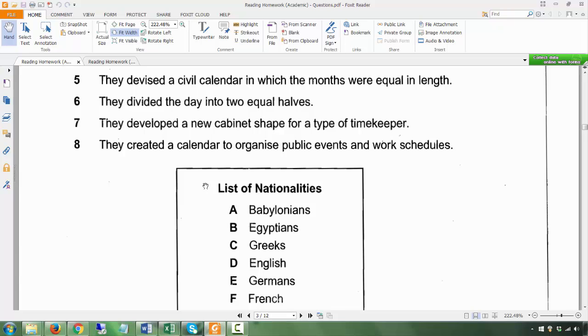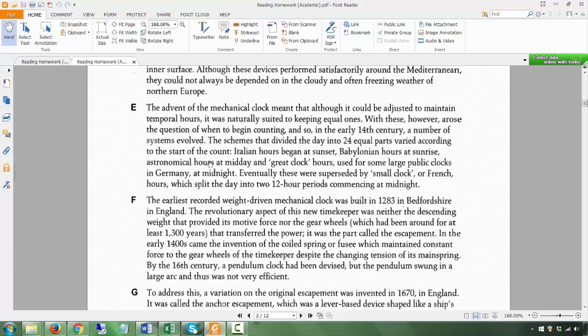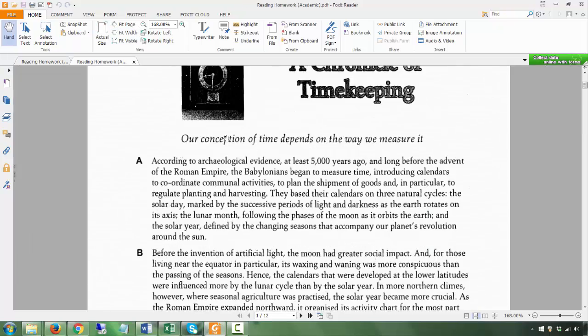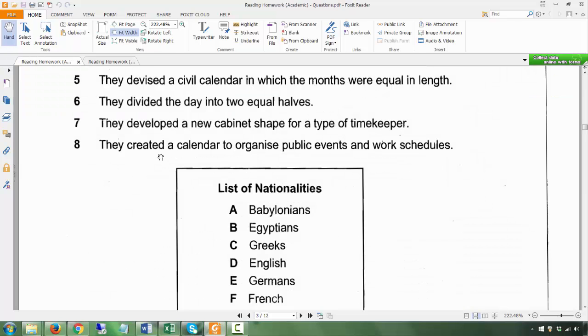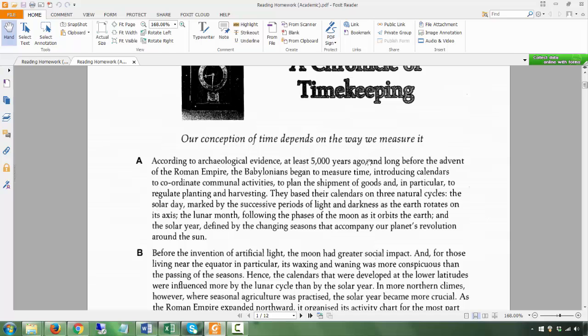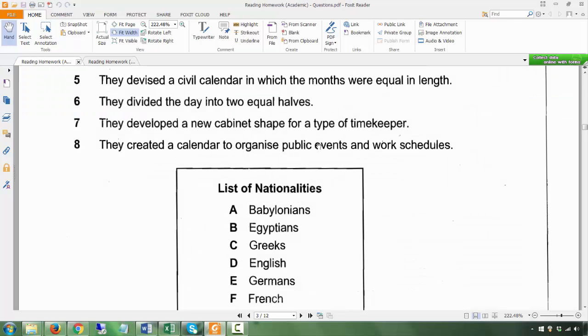Let's go to the passage right now, which is in paragraph A. All right, they create a calendar. Okay, they base introducing calendars to coordinate communal activities, public events. Communal activities is a paraphrase for public events.